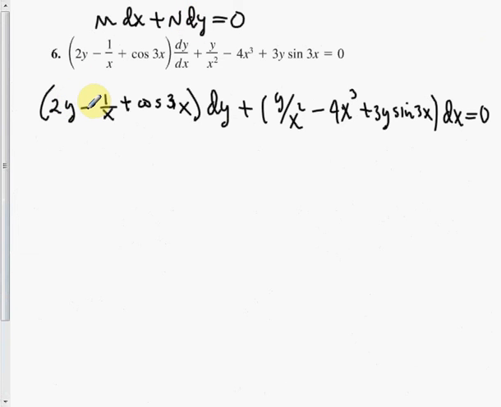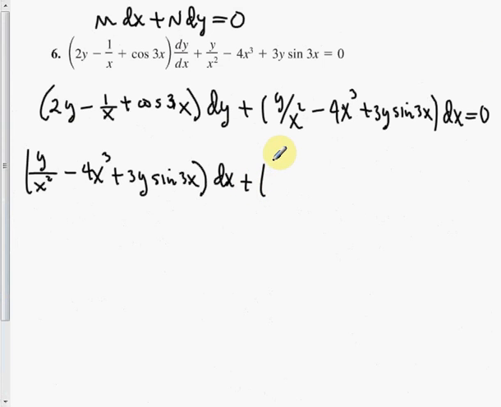If you know that, you can just say that, but for me, I'm going to write it to make sure that it matches up to the form. So m is this expression here.